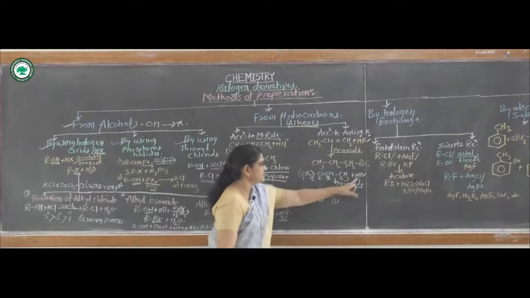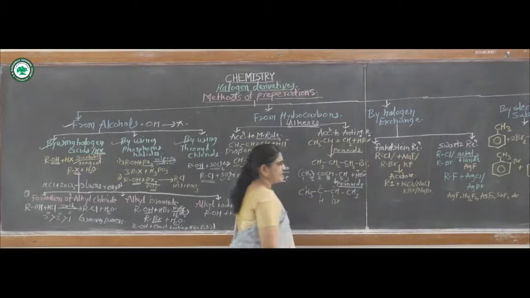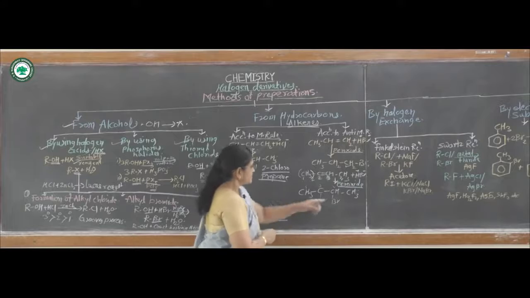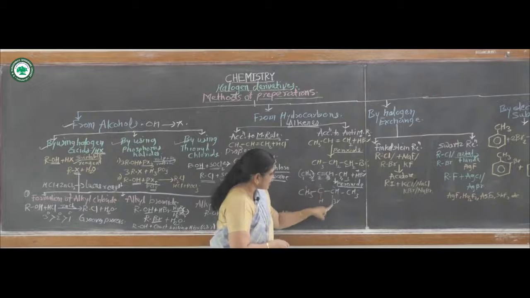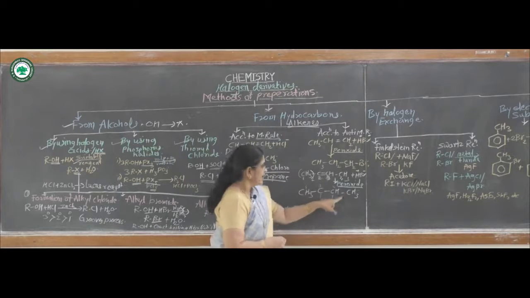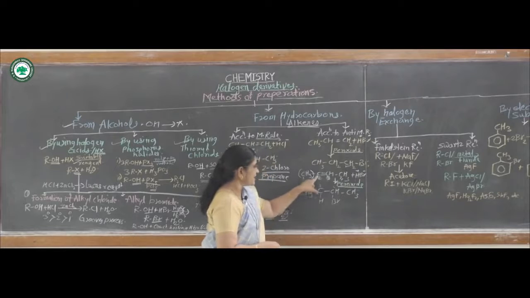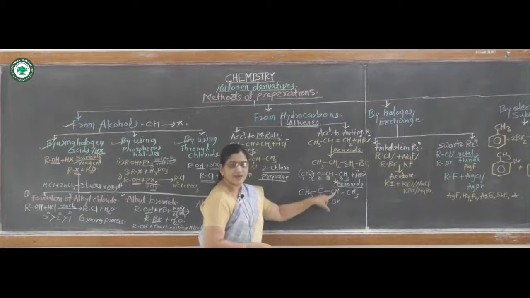Then, in presence of peroxide, reaction with HBr. Again here H has positive charge and bromine has negative charge. According to anti-Markovnikov's rule or the peroxide effect, the negative part gets attached to that carbon atom which carries more hydrogen atoms, and the hydrogen atom gets attached to that carbon atom which carries fewer hydrogen atoms. On the second carbon atom there is no hydrogen atom, and on the third carbon atom there is one hydrogen atom.